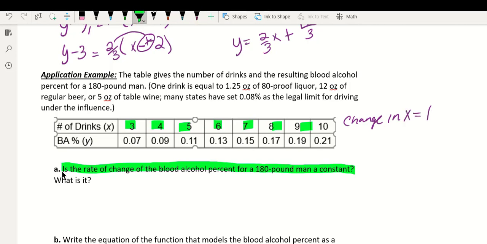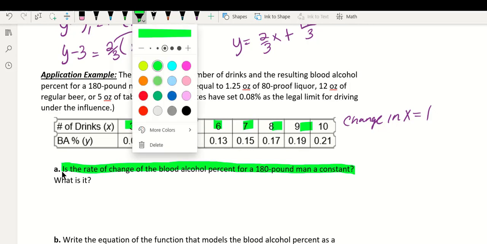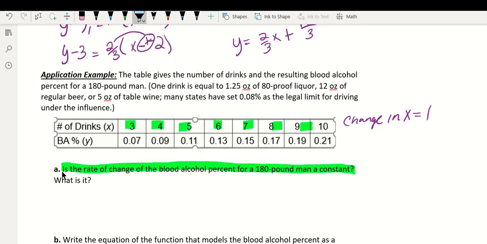But now looking at our y values, do we see a pattern or a change within our y values? It goes from 0.02 to 0.09, then from 0.09 to 0.11, 0.13, 0.15. Hopefully you're noticing that this has a change in y, and it is increasing by 0.02.